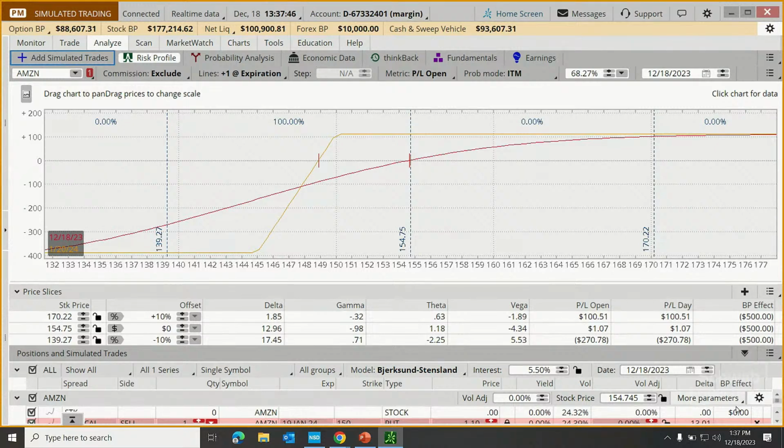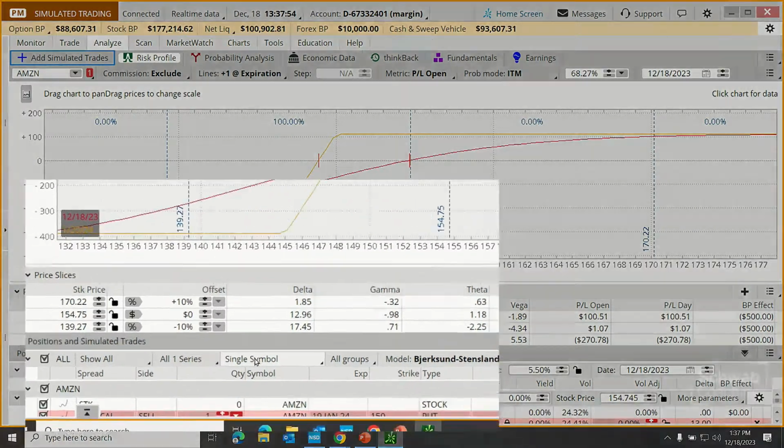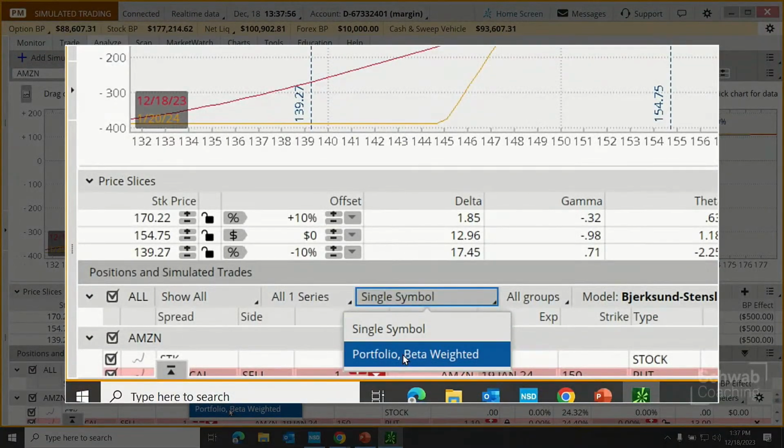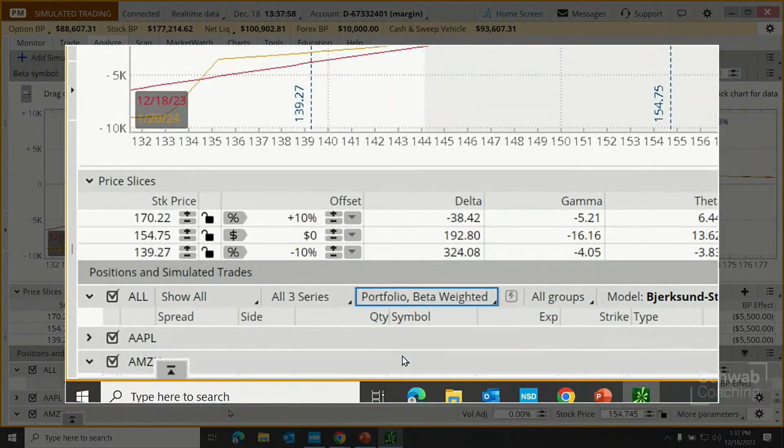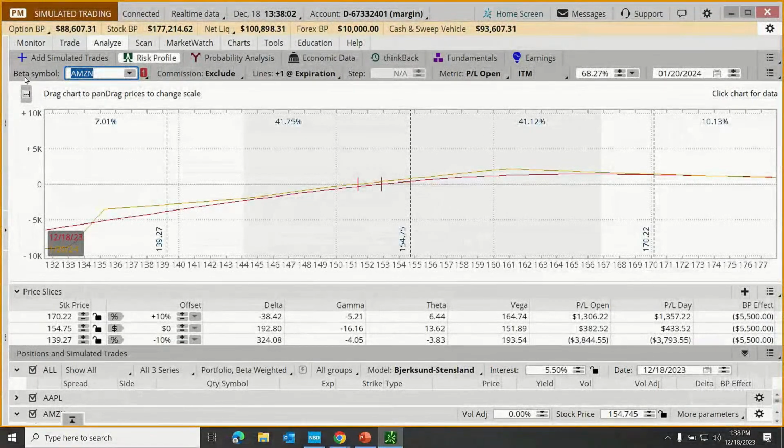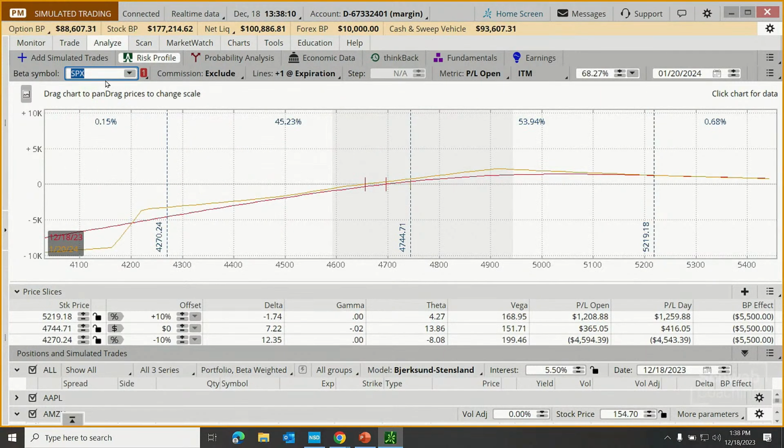Well, we're going to come down to the bottom down here. And you'll notice right now we're just analyzing a single symbol. We're analyzing Amazon. Well, if I click on that, I can choose portfolio beta weighted. And then the final adjustment that I want to make up here, it says your beta symbol. That means what are we generating the chart based on? So let's change this from Amazon to SPX.